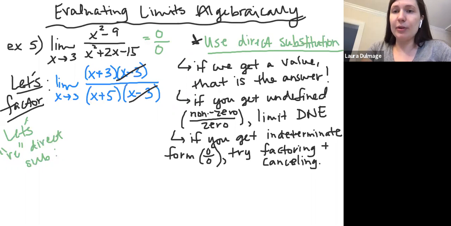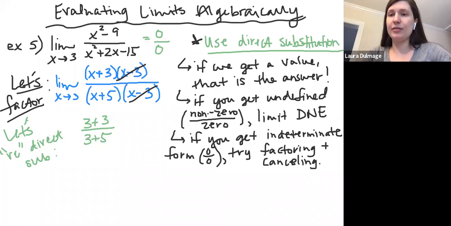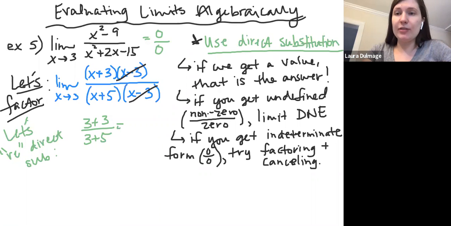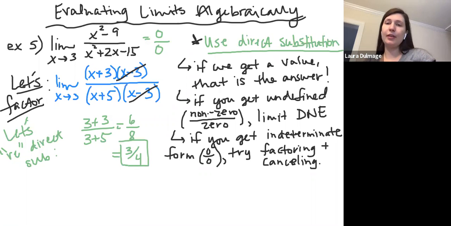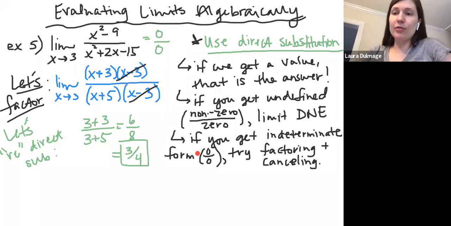So I'm going to have 3 plus 3 in the numerator and 3 plus 5 in the denominator. No more issues with zeros because we eliminated it. So we have 6/8 or 3/4. Cool. That's our limit.